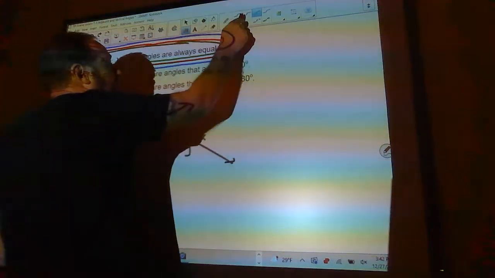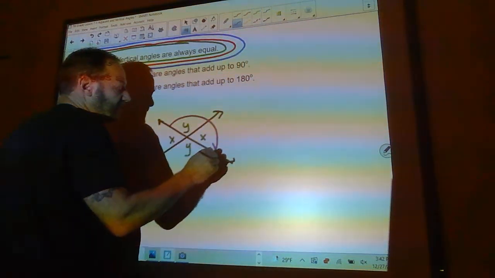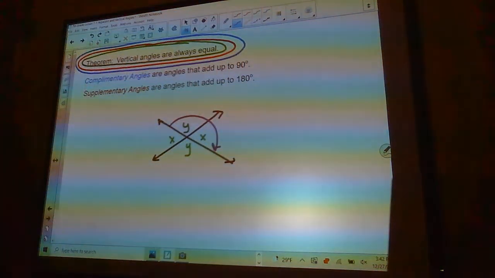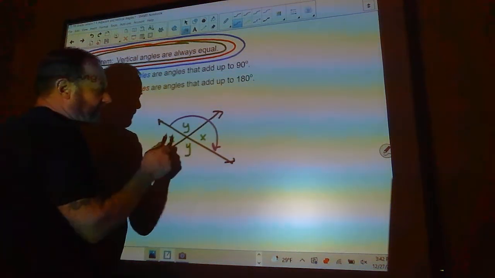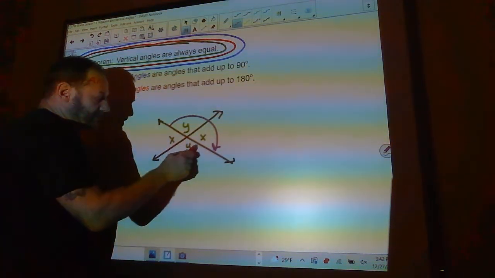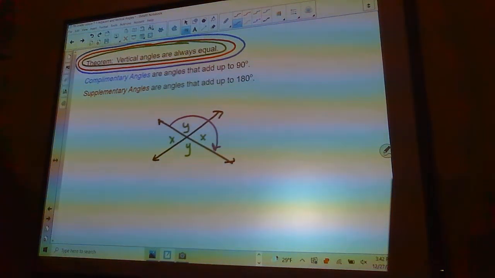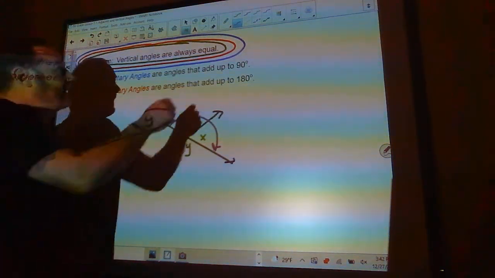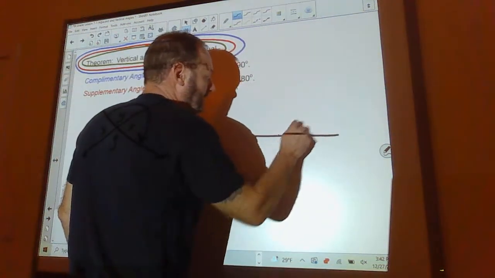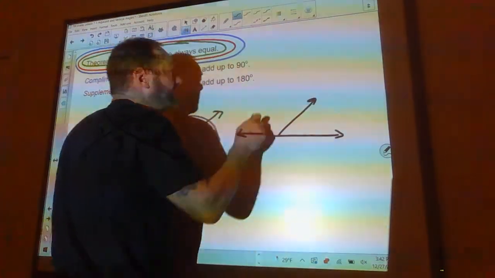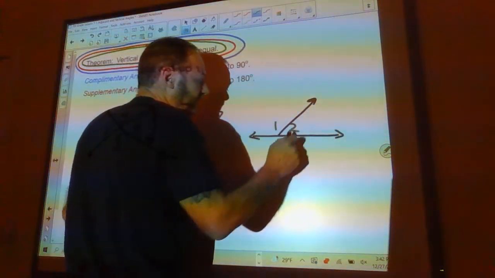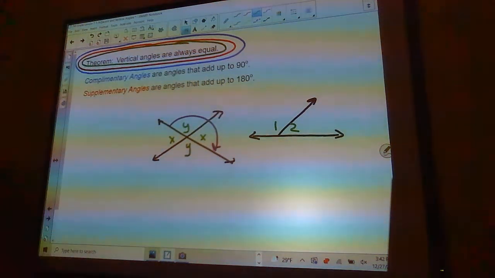So if I look in this picture right here, these two angles are supplementary because they form a straight angle, they add up to 180. Same with these two, same with these two, same with those two. Anytime you see a picture like this, those two angles will be supplementary.